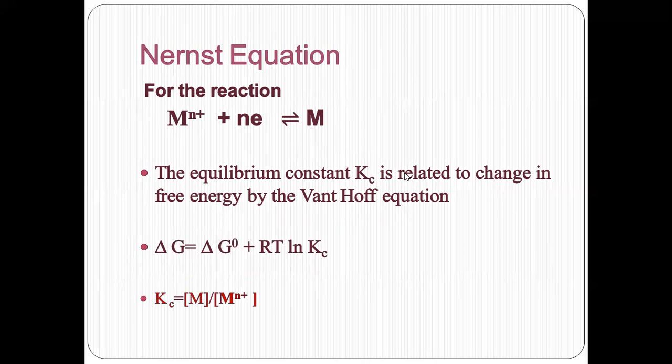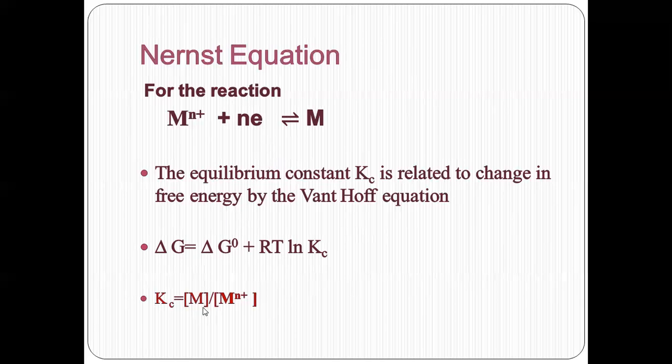The equilibrium constant Kc is related to the change in free energy, denoted as delta G by the van't Hoff equation. Down here is the van't Hoff equation: delta G equal to delta G naught plus RT ln Kc.